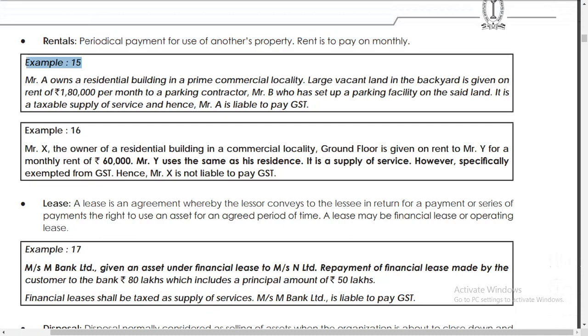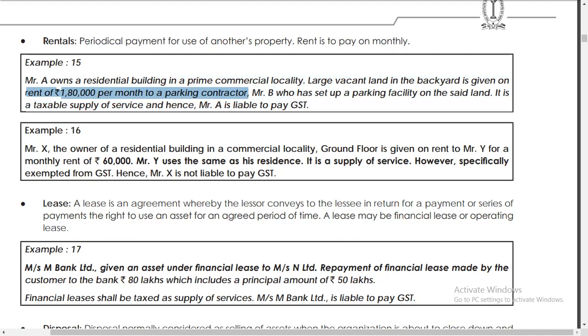We are going to see example 15, that is Mr. A owns a residential building in a prime commercial locality. Mr. A owns a house. He has large vacant land in the backyard, given on rent for 1,80,000 per month as parking for a contractor.